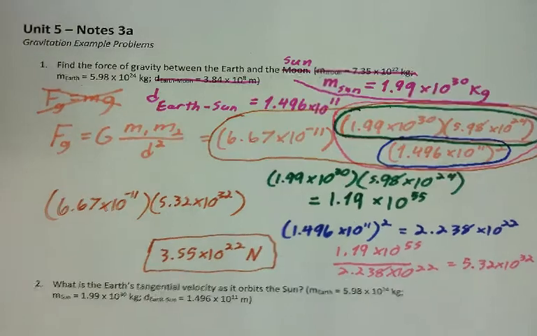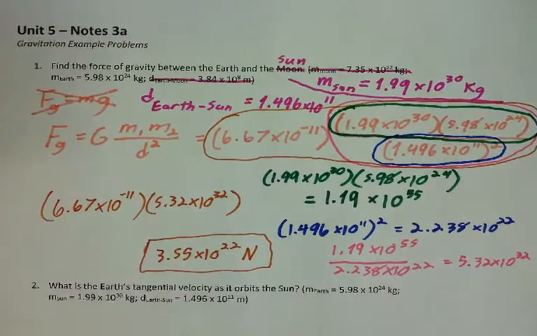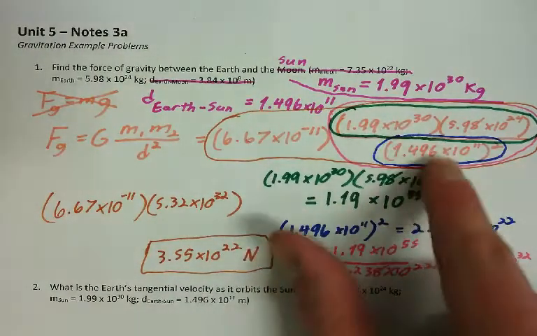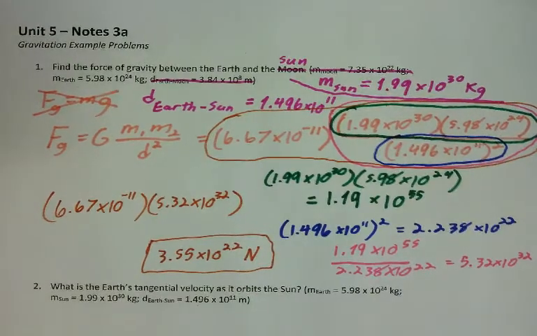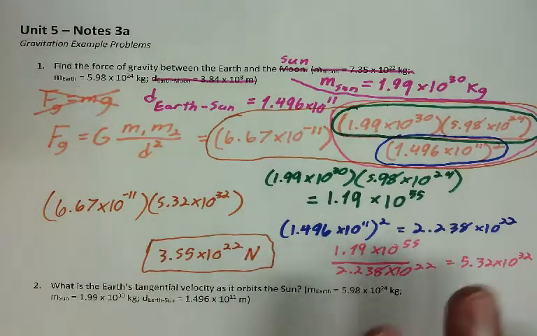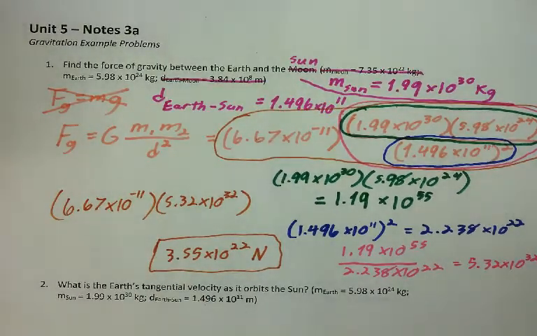You might say, hey, why don't I just multiply all three together at once? That's fine. Go for it. You might say, hey, why can't I divide this at the same time? That's fine. All of that is fine. Just be careful with what you're doing math-wise. If you did not get this number, make sure you let me know when I come around.